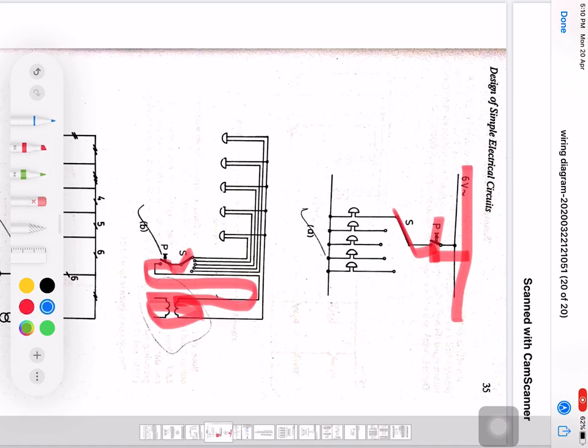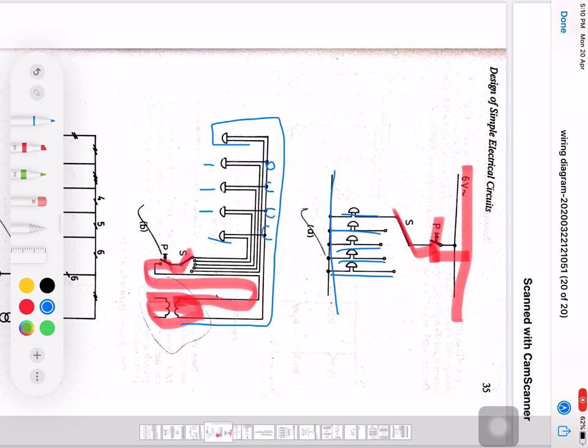Now moving on, these 5 bells are all connected to the other end by joints.